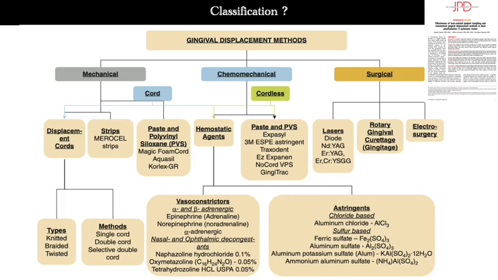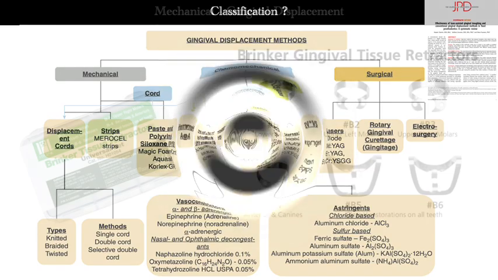This looks like a classification and has actually classified the entire gingival displacement method in a sequence, and this is advised. This way of representing data would be quite attractive for the examiner who corrects.